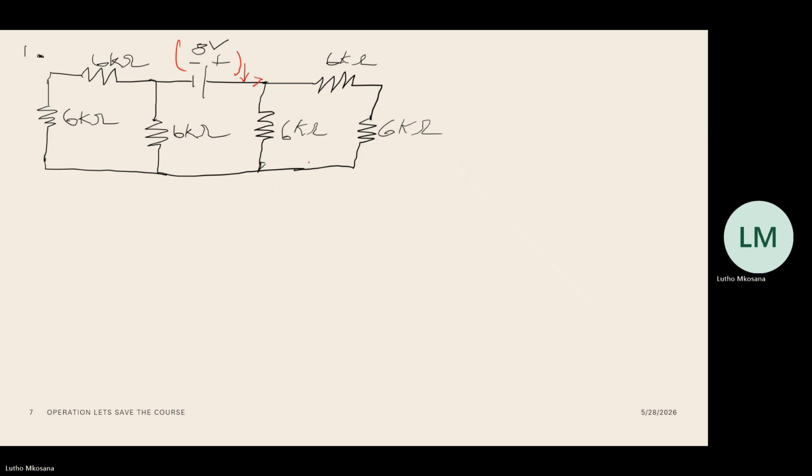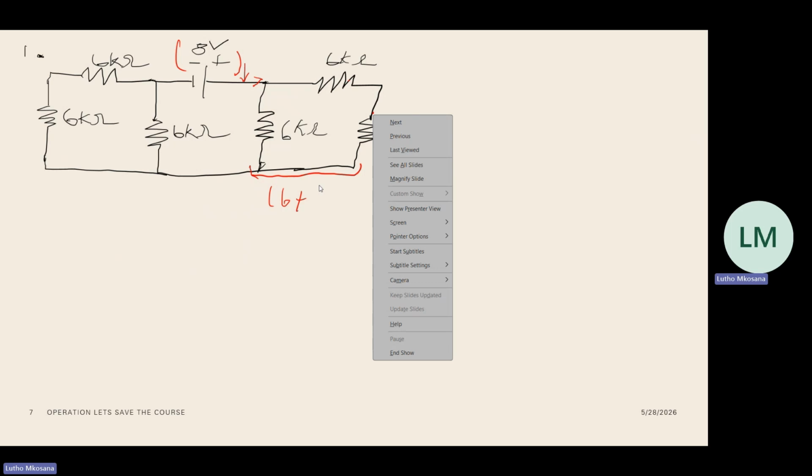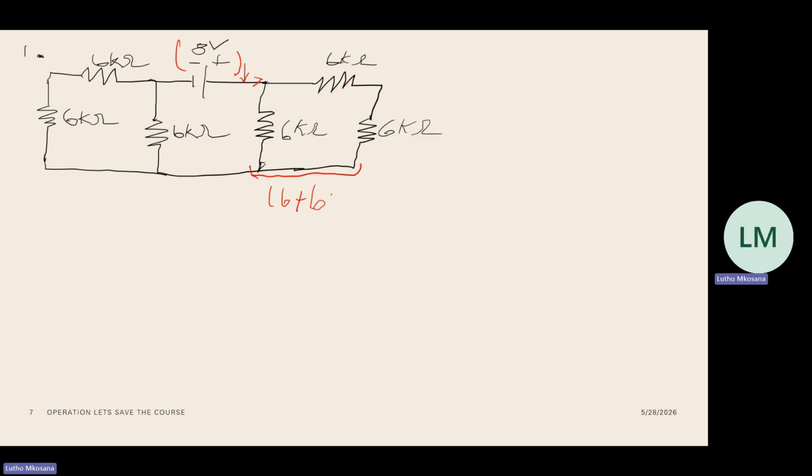So our total resistance for this section over here is calculated by 6, which is 6K, plus 6, which is this resistor and that resistor. They are in series, in parallel with this 6 kilo ohm.